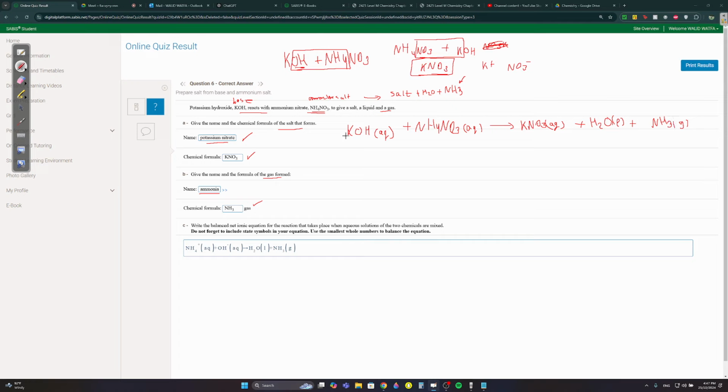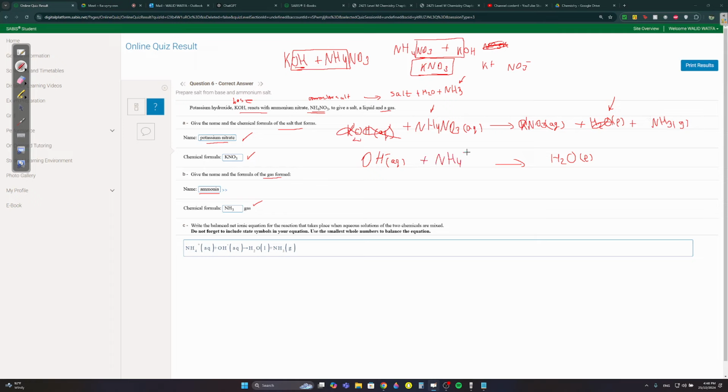Let's see. K aqueous, K aqueous. We don't want it. OH aqueous turned into water liquid. So are we going to take it down? Of course we will. And here we're going to put H2O liquid. Done. NH4 turned into NH3. It was aqueous, became a gas. So are we going to put it? Of course we will.